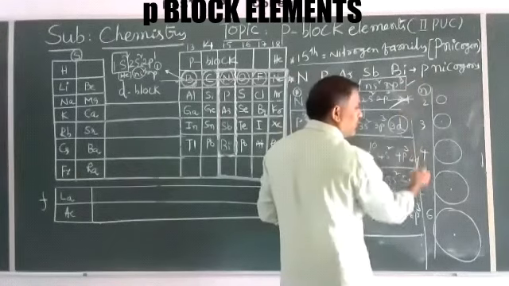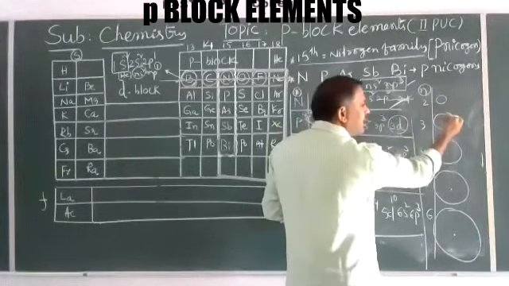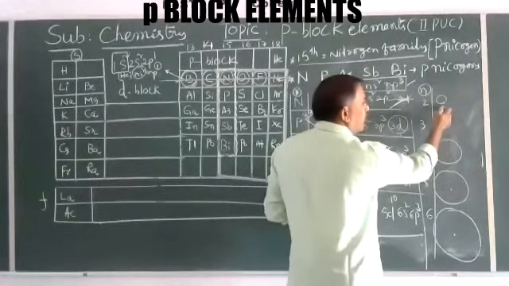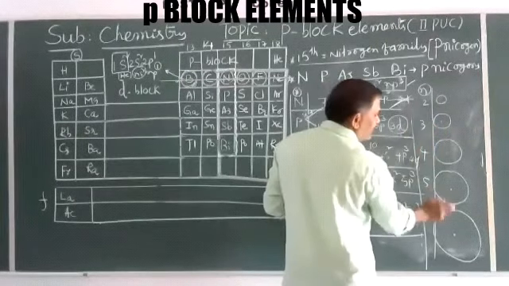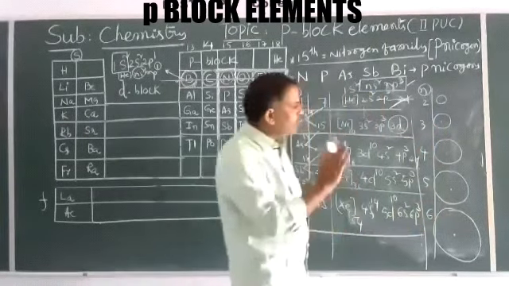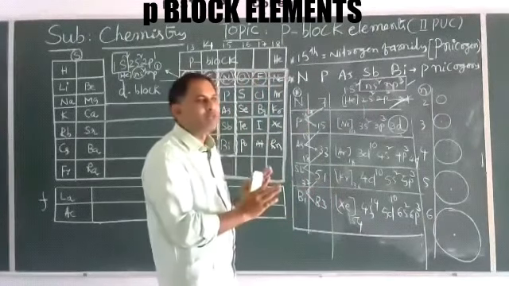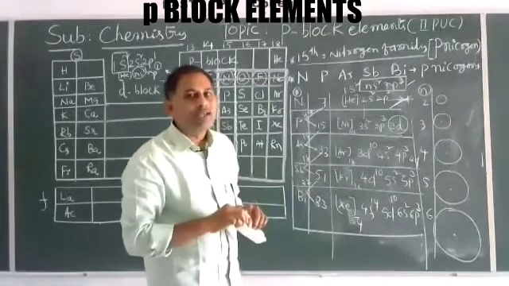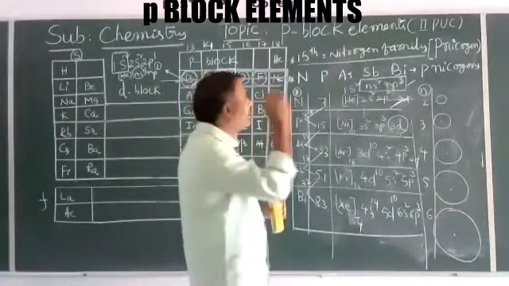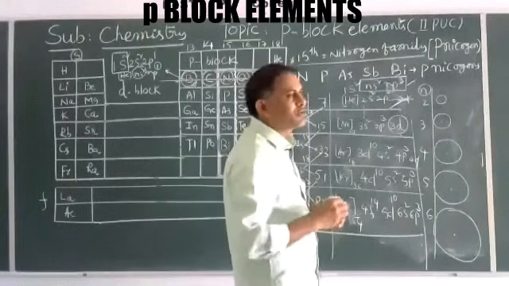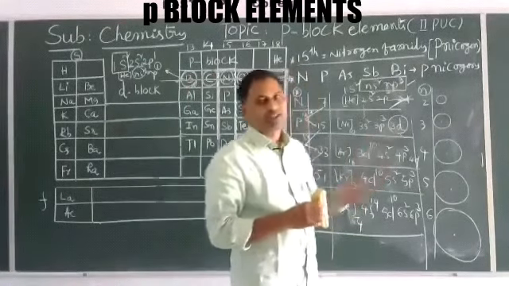By using this electronic configuration and physical observation, the size increases from top to bottom. On this basis, I'll clarify some important physical properties of 15th group elements: nitrogen, phosphorus, arsenic, antimony, and bismuth.